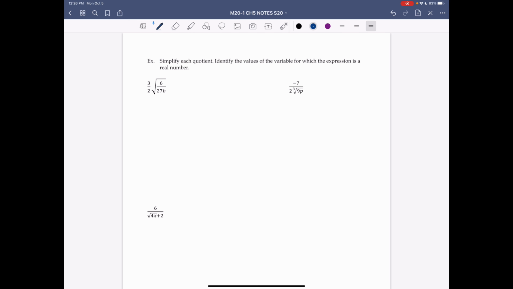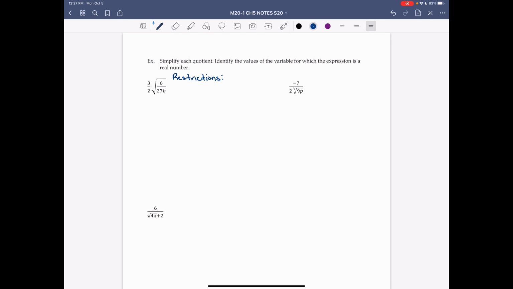Simplify each quotient. Identify the values of the variable for which the expression is a real number. Starting with our restrictions. In this case, 3 over 2 times the square root of 6 over 27b, we have b under a square root.